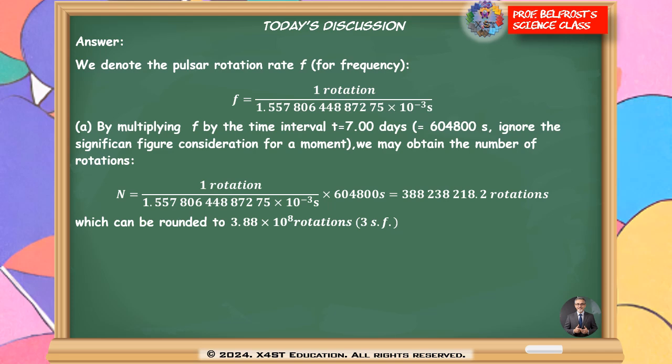So n equals 1 rotation divided by blah blah seconds times t, which is 604,800 seconds, and it gives us 3.88 times 10 to the 8 rotations, in three significant figures. This is just convention, because we use t of 7.0 days, which is expressed in three significant figures.